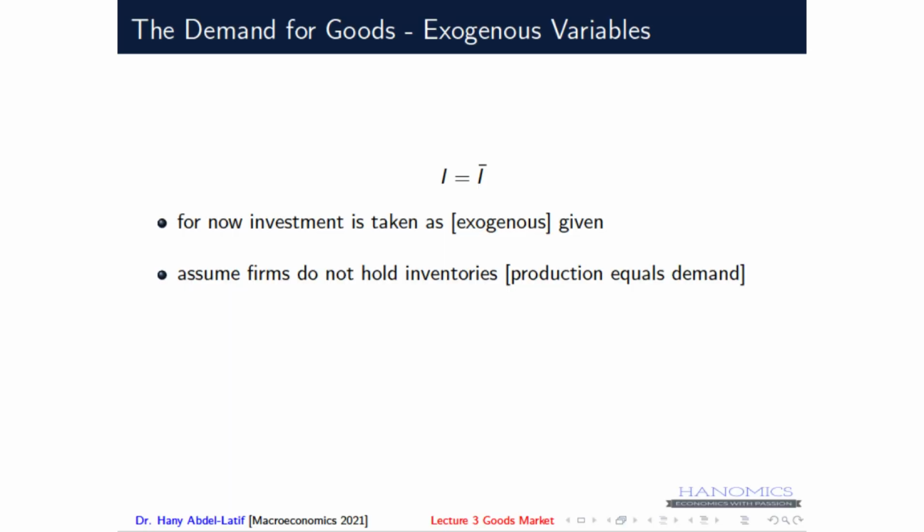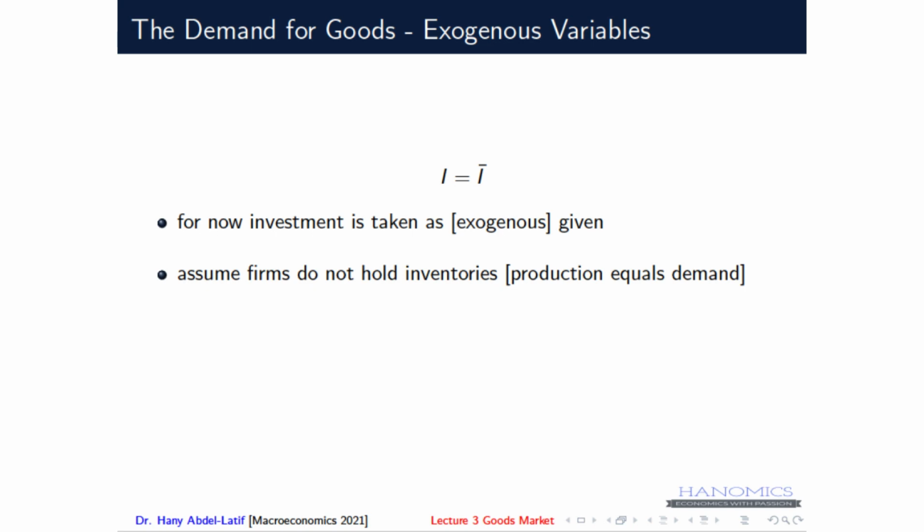We will make some assumptions in terms of the other components. We will assume that those components are exogenous, determined outside the model. We explained the difference between exogenous and endogenous variables before. So at the moment, we will think of investment as an exogenous variable.